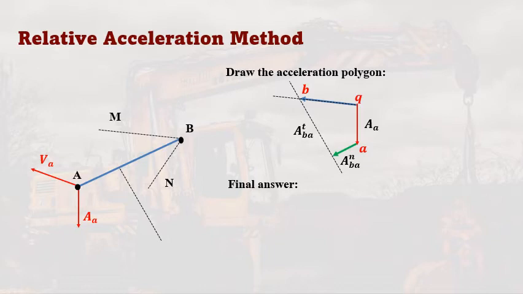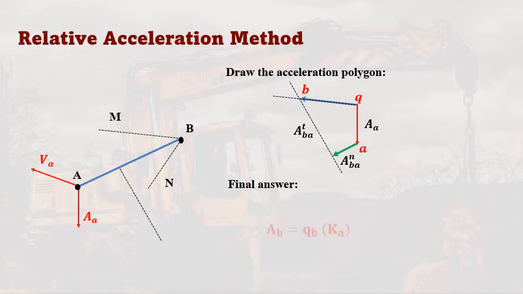You can also see here that we can verify our formula that the acceleration of B is the sum of the vectors AA, ABA normal, and ABA tangential, as you can see. So we just added using head to tail, and then we draw from the original point to the head of the final point. So that's why this represents now the acceleration polygon.